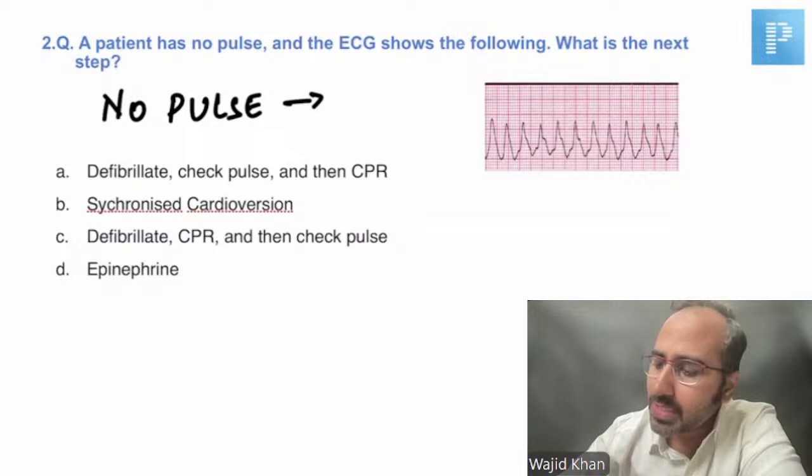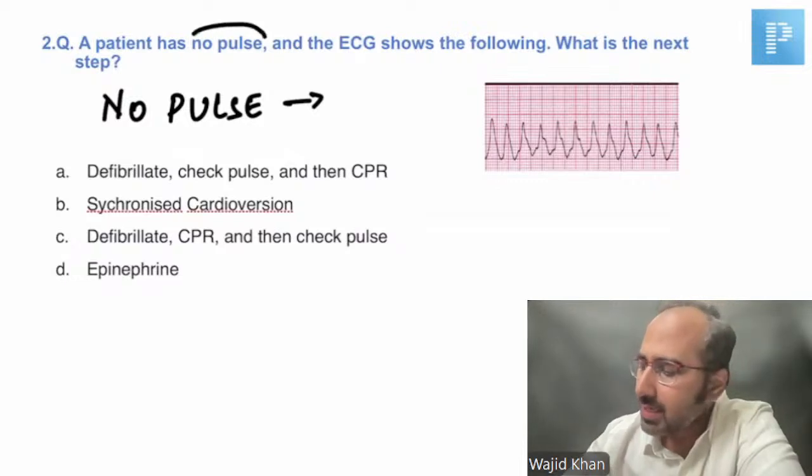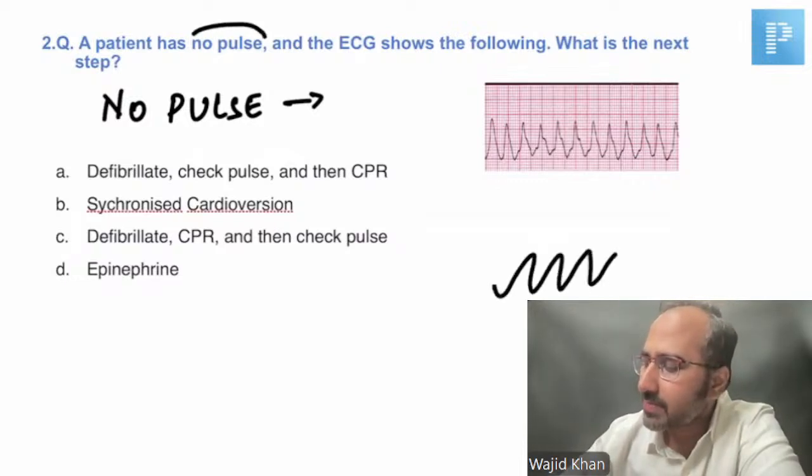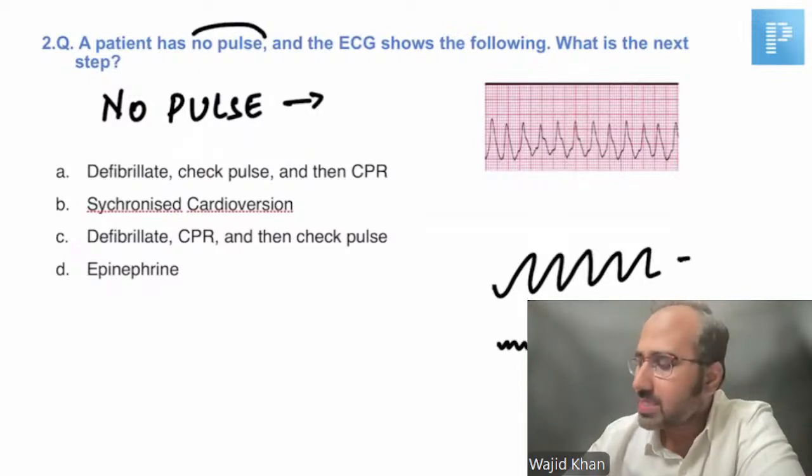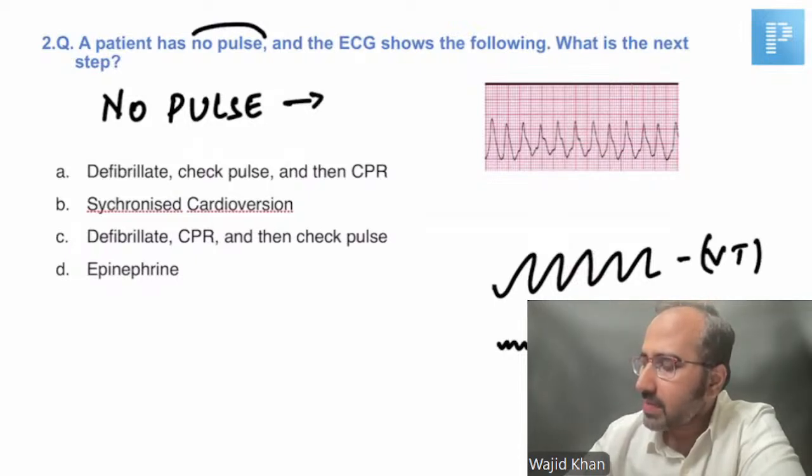There are only two rhythms which present with no pulse. Either it is this rhythm or this rhythm. This rhythm is called VTAC, ventricular tachycardia, and this rhythm is called ventricular fibrillation.